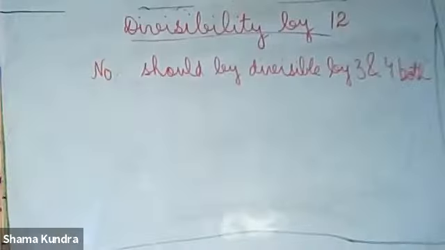The number should be divisible by 3 and 4 both. Only then it is completely divisible by 12.